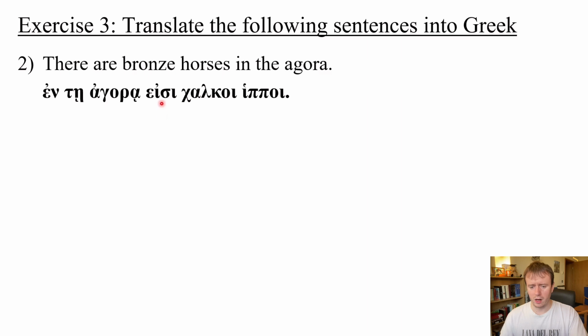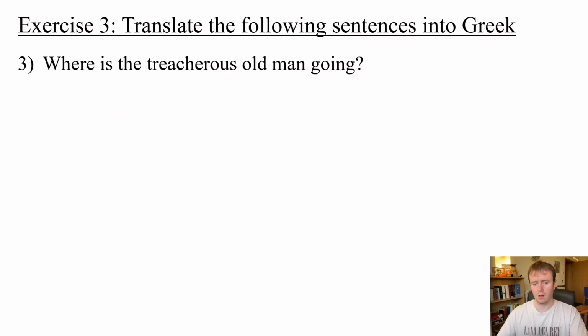So there are, and chalkoi hippoi means bronze horses. Chalkos means bronze, hippos means horse. We needed it in the nominative plural because it's the subject of the verb to be. And so we would say en tei agorai eisi chalkoi hippoi, or eisi chalkoi hippoi en tei agorai.